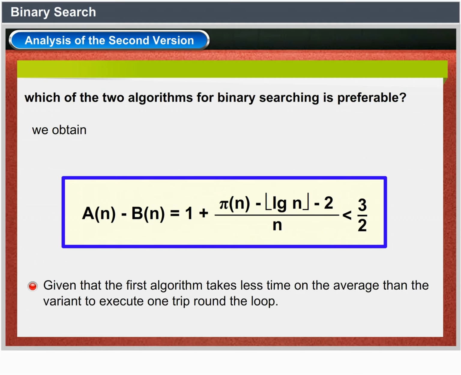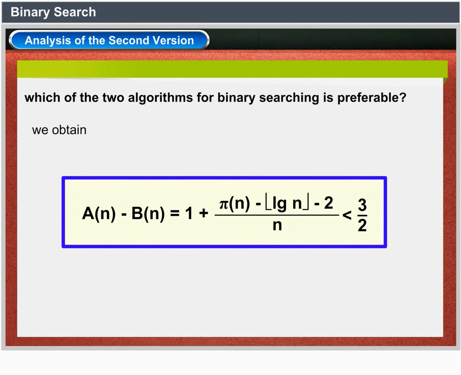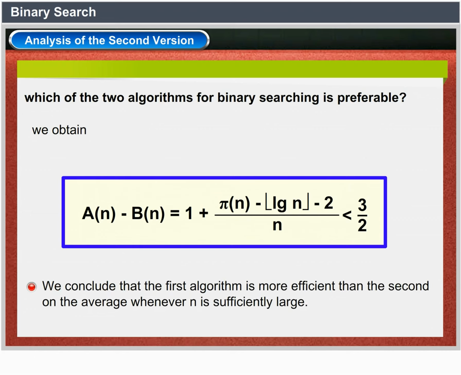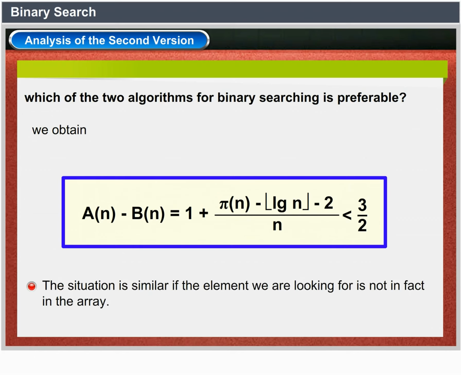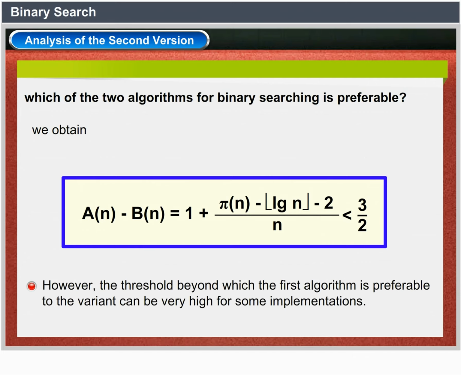Given that the first algorithm takes less time on the average than the variant to execute one trip round the loop, we conclude that the first algorithm is more efficient than the second on the average whenever n is sufficiently large. The situation is similar if the element we are looking for is not in fact in the array. However, the threshold beyond which the first algorithm is preferable to the variant can be very high for some implementations.